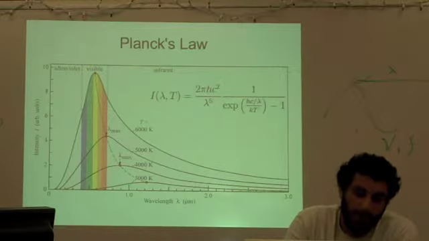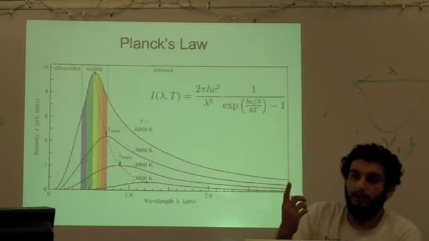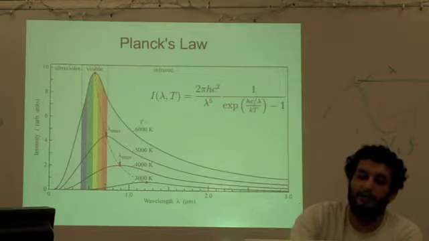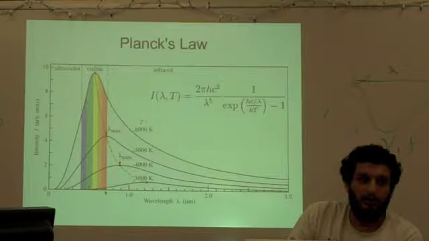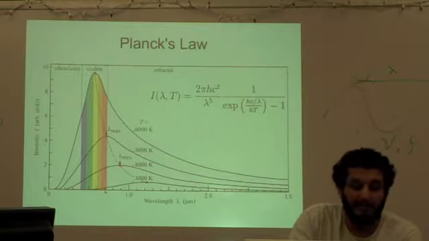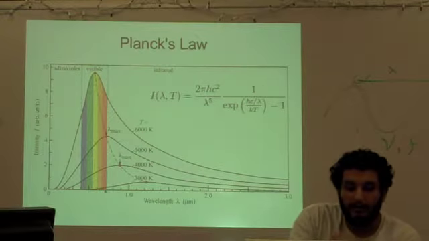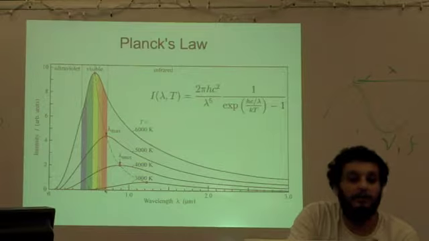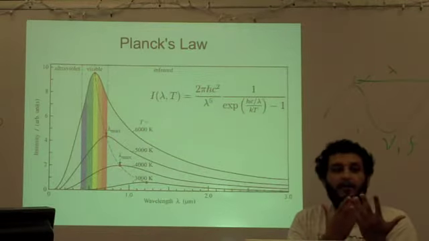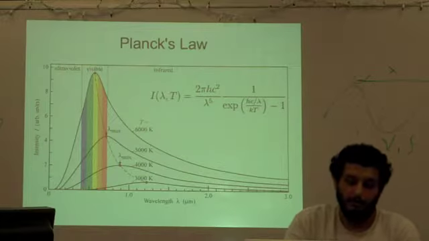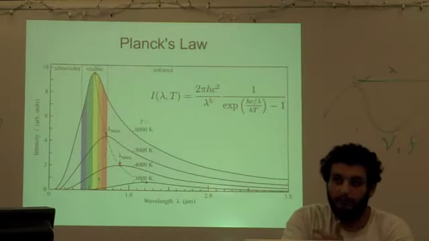And more importantly, the colors that we see are related to the wavelength. Red appears to us as red because the wavelength of that wave is about 800 nanometers. Blue, on the other hand, appears to be blue because the wavelength of that wave is 400 nanometers. And then all the other colors of the rainbow fall in between there.